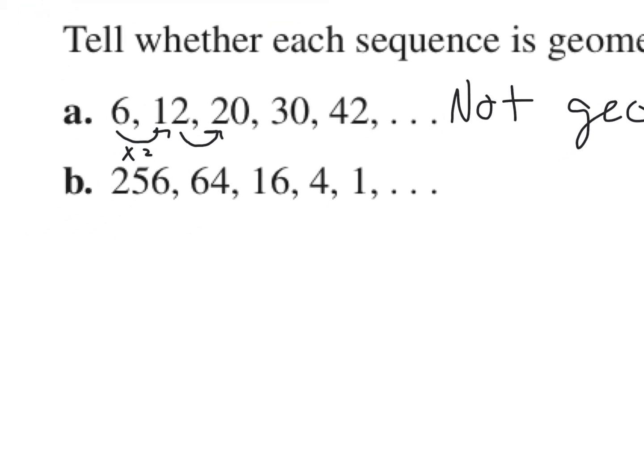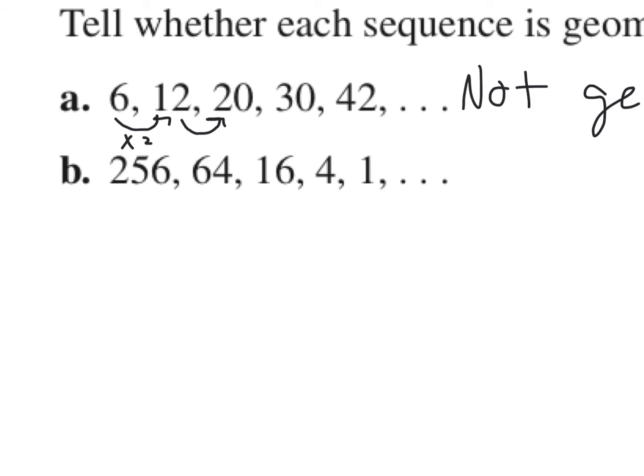B is a little bit different. We see that our numbers are getting smaller, but we're still multiplying. We're just multiplying by a fraction. So what are we multiplying by? 1/6? Not 1/6, close. Maybe if you look at the smaller numbers over here, that'll give you a clue. 1/4, perfect.